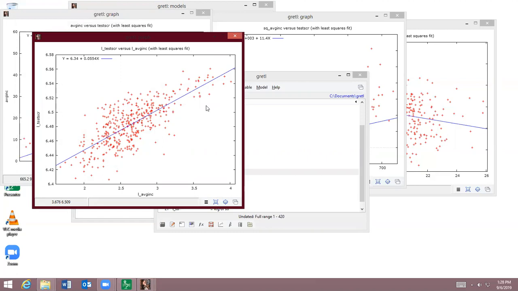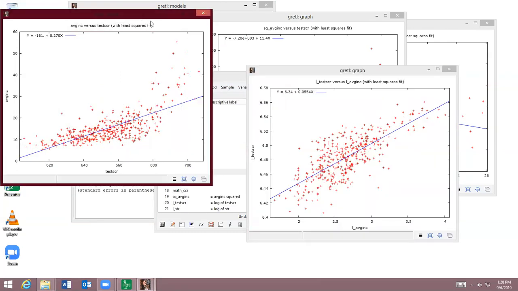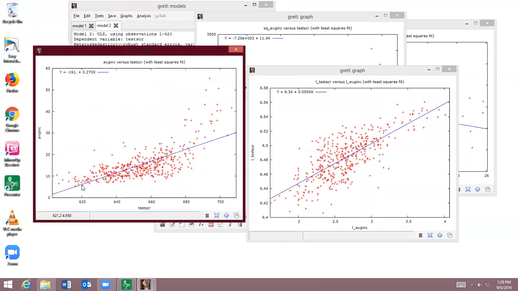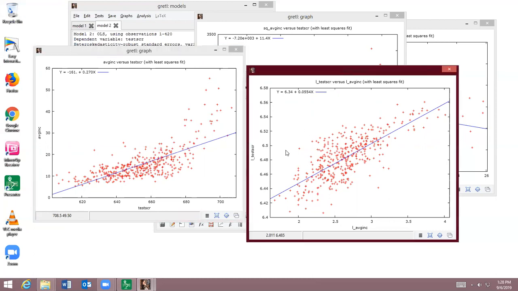So it's not necessarily the case that an extra $1,000 down here is going to have the same impact on the test scores as an extra $1,000 up here, right? And so we see that it kind of starts to run away from us over here in terms of a nonlinear relationship.